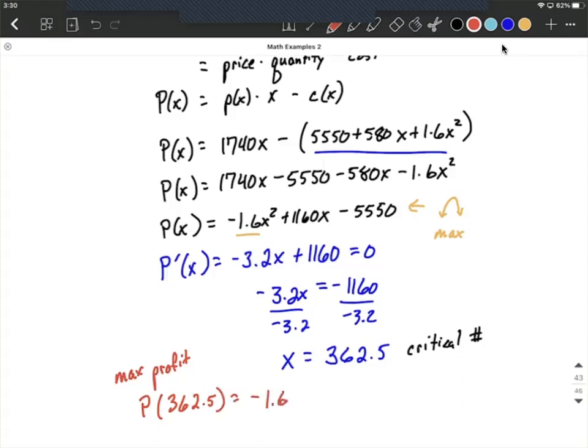Negative 1.6 times 362.5 squared plus 1160 times 362.5 minus 5,550. And our very maximum profit we could have with this situation is $204,700.